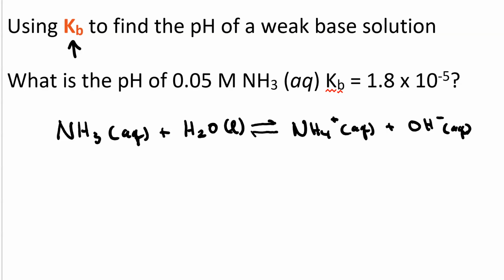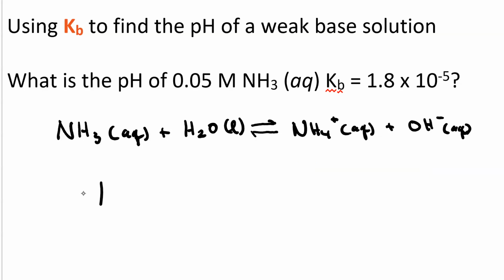Here's the equation for the ionization of ammonia. The ammonia reacts with liquid water to make NH4+. That is the conjugate acid of ammonia. So ammonia took a proton from the water molecule. What's left over from the water is the hydroxide ion. That's the conjugate base of water.